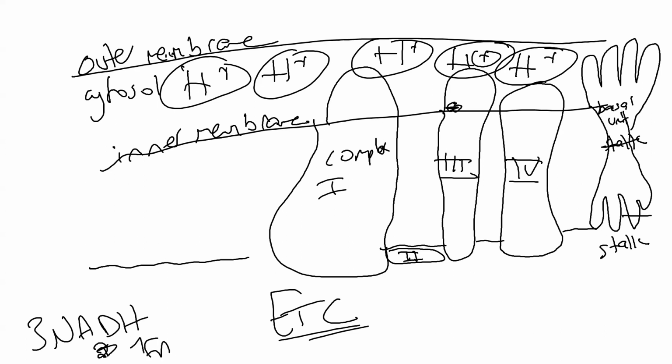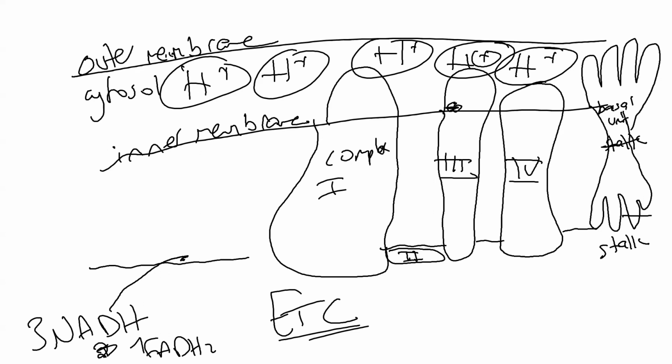I'm speaking about only one cycle, not the 2 cycles together, because usually it happens in 2 cycles. So these 3 NADH, the electrons will start moving from one complex to another, reaching the basal unit, to be able to produce the ATP, or to transform this NADH to ATP.